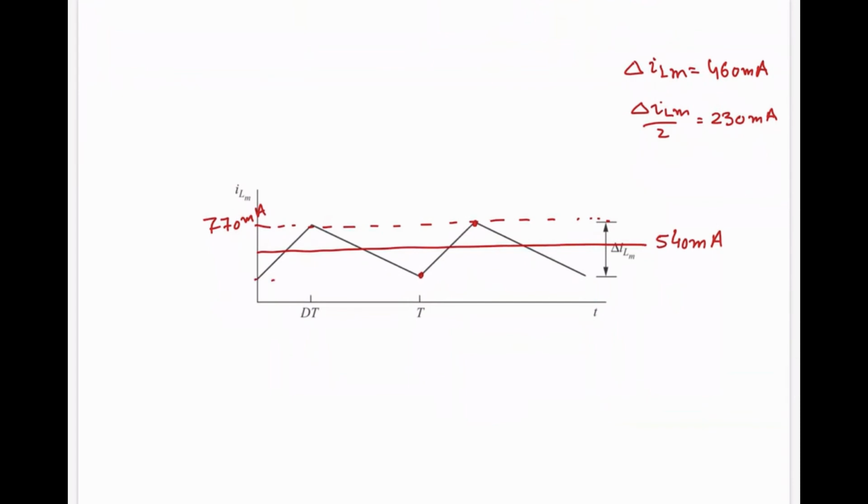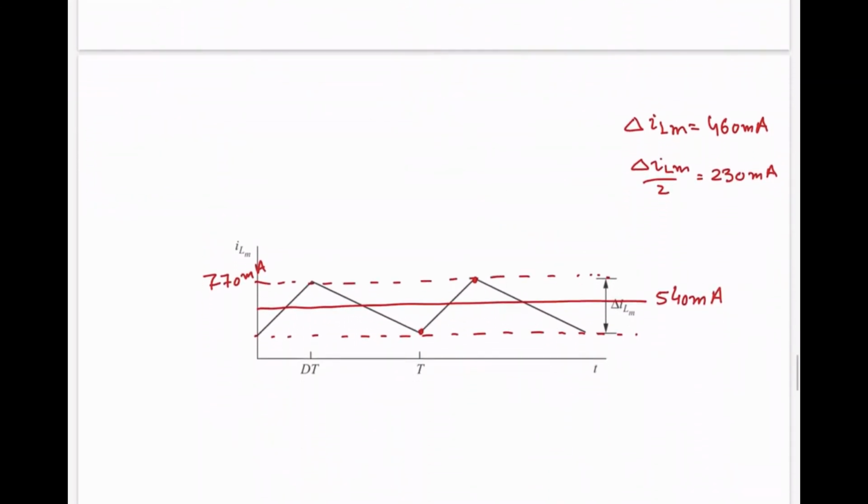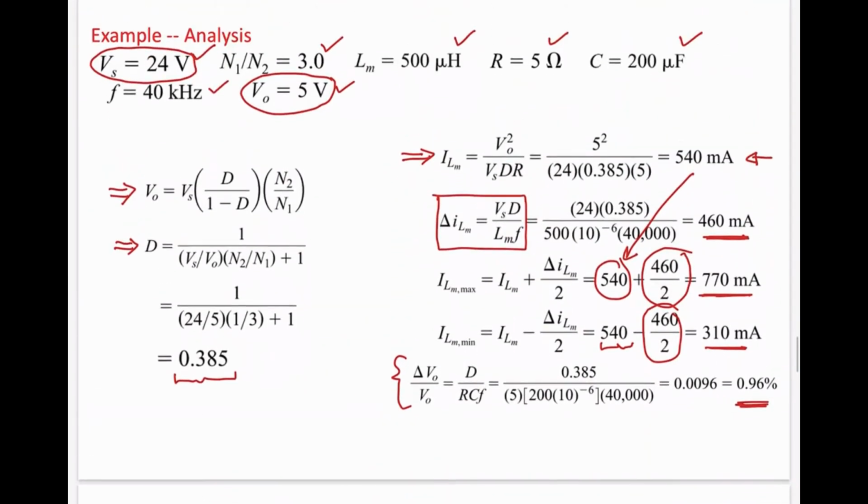And the minimum value of ILM will be 540 minus 230, so that will be 310 milliampere. So your magnetization current will be varying from 310 milliampere to 770 and then back. So it is the continuous conduction mode because your ILM is not going to 0.